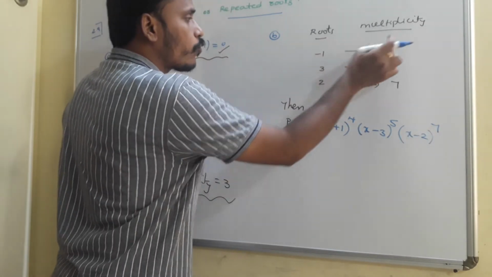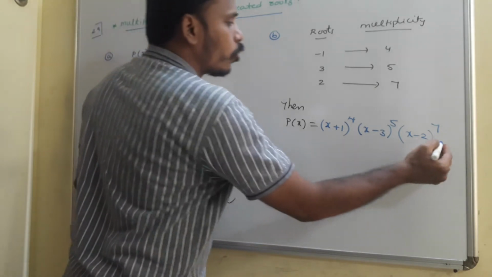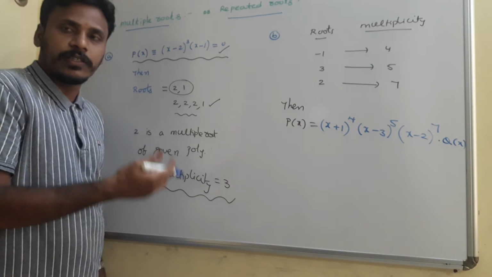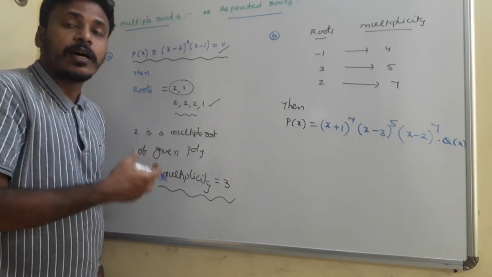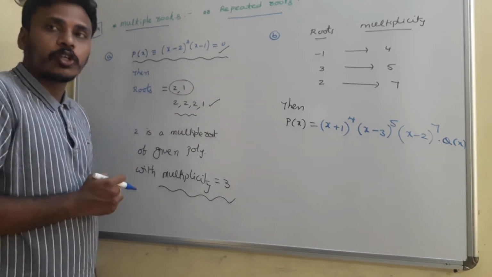So these are the roots with these multiplicities. Then one of the polynomials is this product into some q of x. We don't know whether there are other factors or not, see, we don't know about the other factors, right? That's why we need to mention this product into some q of x.